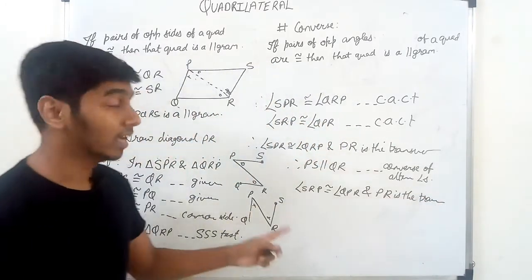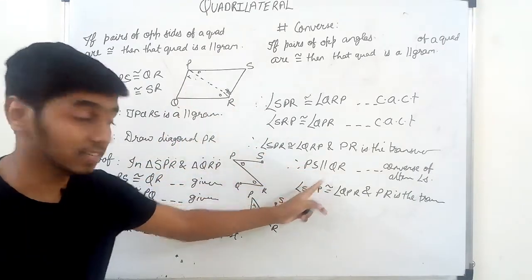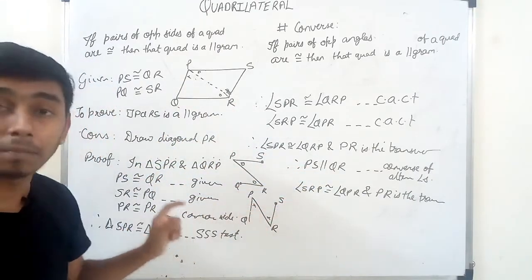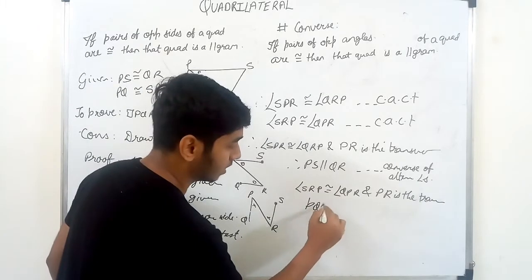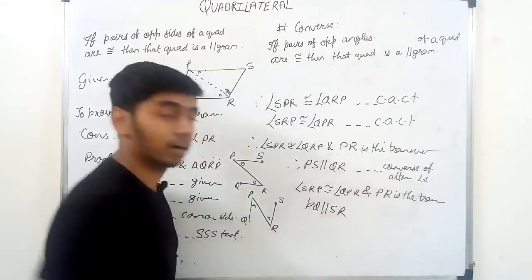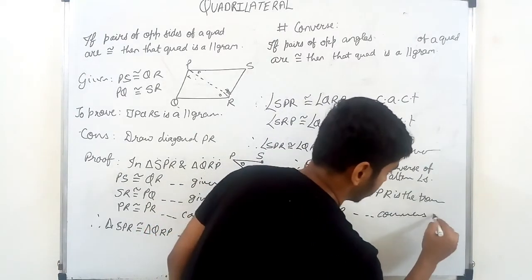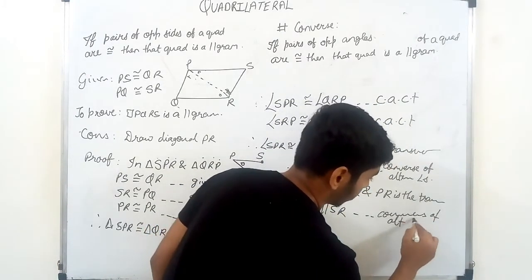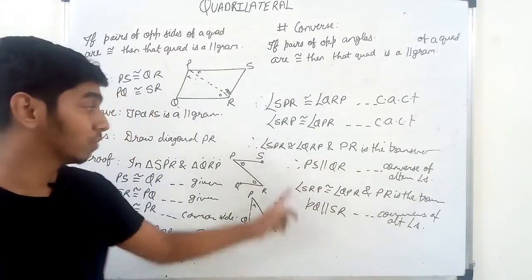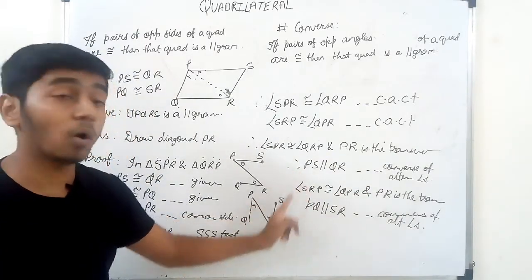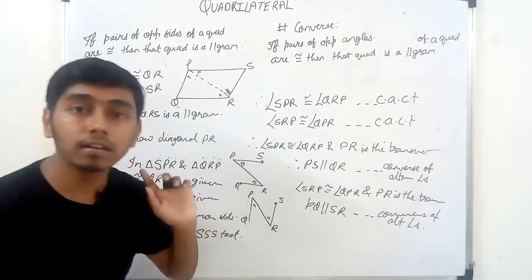Therefore, again by alternate angles test, we can say that these two sides are parallel. So we can say PQ is parallel to SR, again by converse of alternate angles. So from these two, we can say opposite sides are parallel.